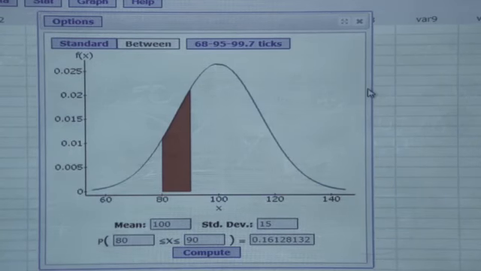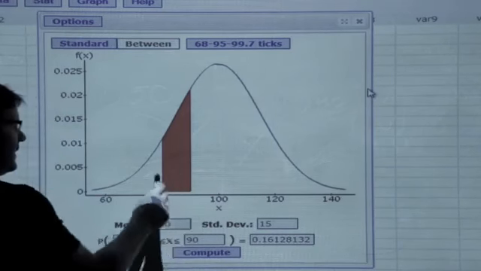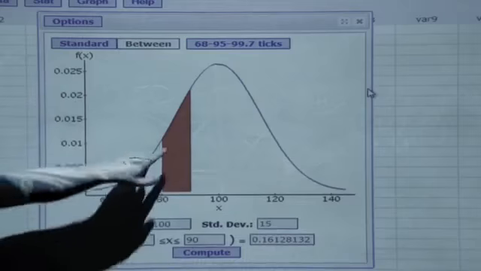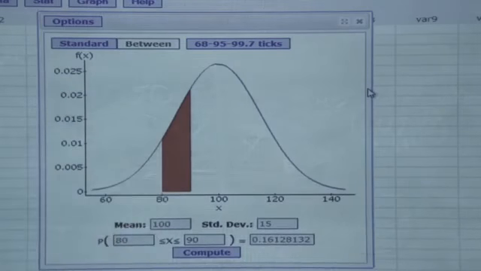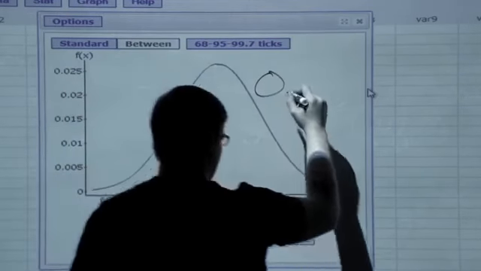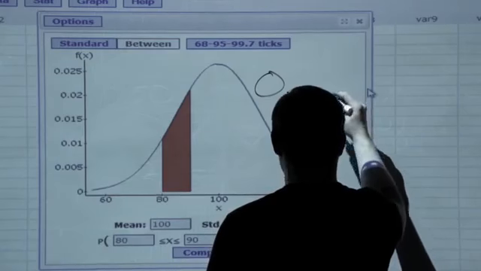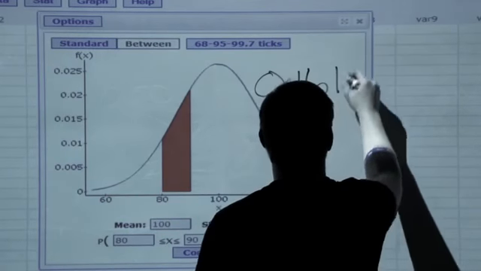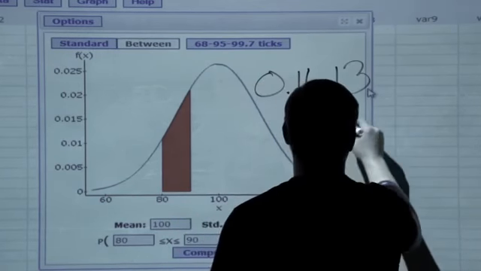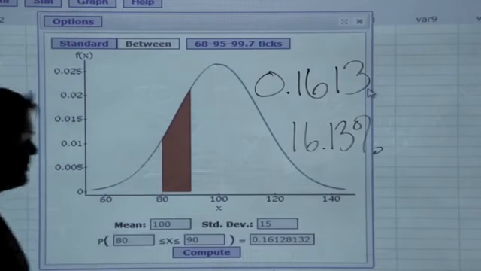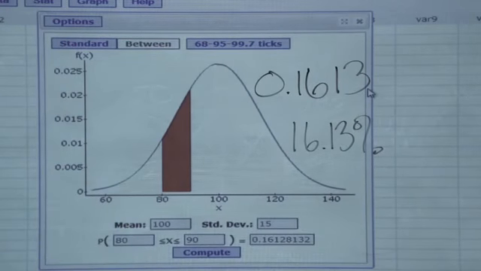Notice the picture. The picture is shaded. You need to be able to shade. Notice the picture is labeled and percentage corresponds to area. In-betweener. I got a 1613 or 16.3%. Based on the model, that's the percentage of people who have IQs between 80 and 90.